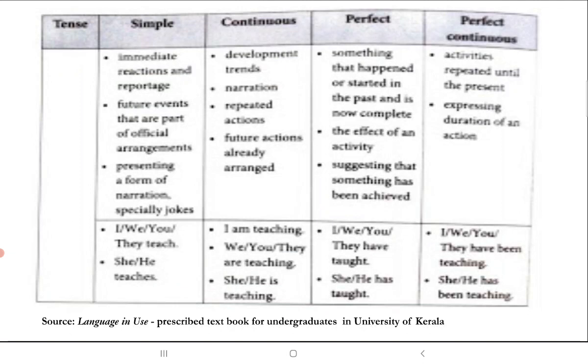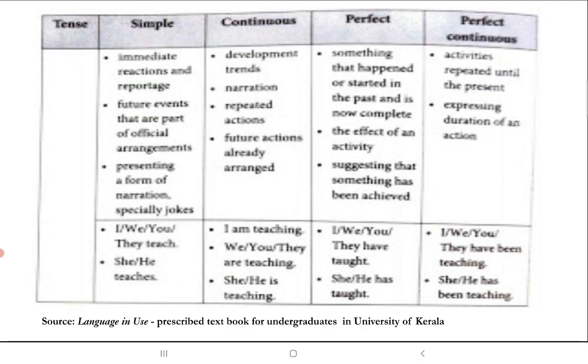Have is used with plural and has is used with singular. Present perfect shows something that happened or started in the past and is now complete. It also shows the effect of an activity, suggesting that something has been achieved.